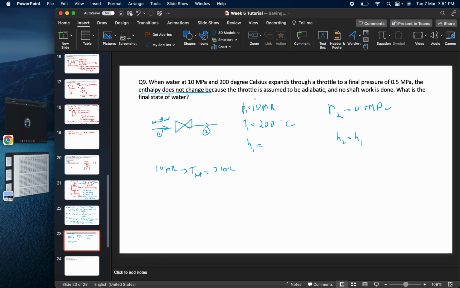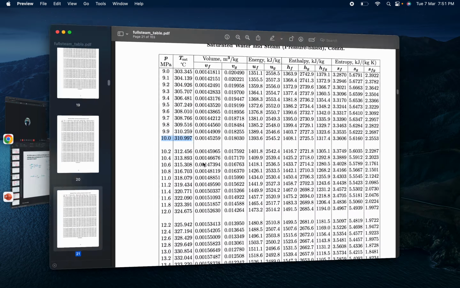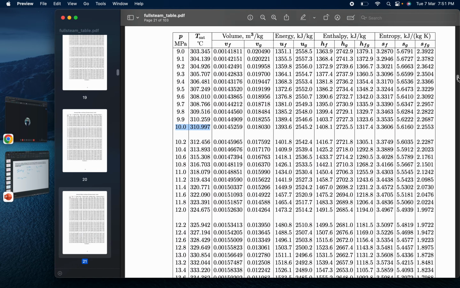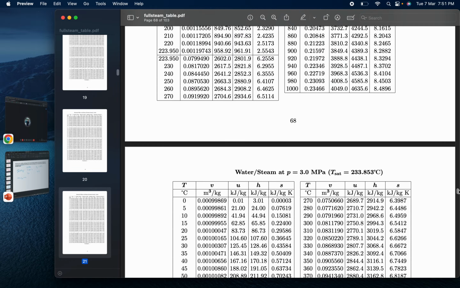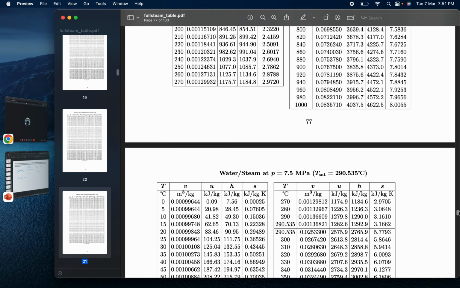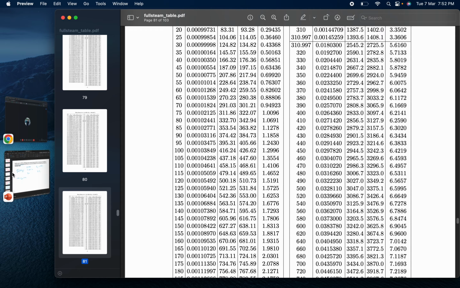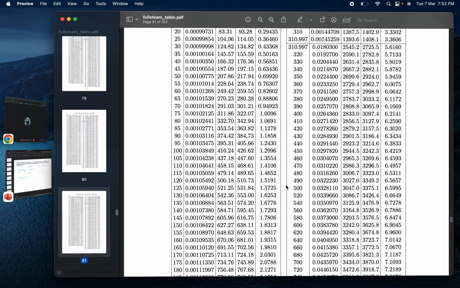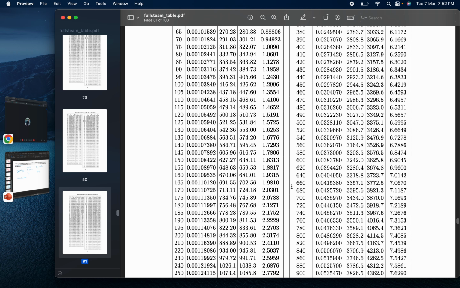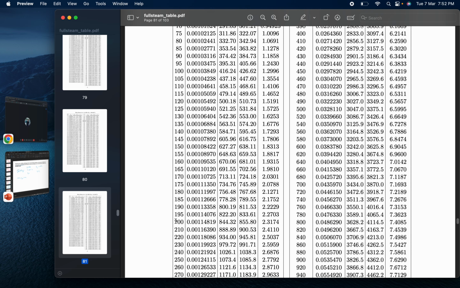So we have to look at the compressed liquid state at 10 megapascal and 200 degrees Celsius, and calculate the enthalpy. For the compressed liquid state we go for 10 megapascal and 200 degrees Celsius.